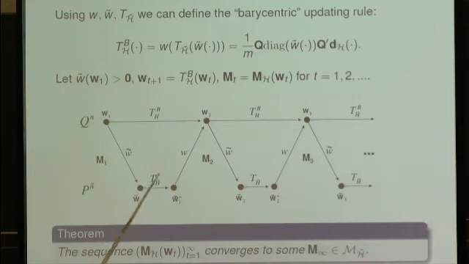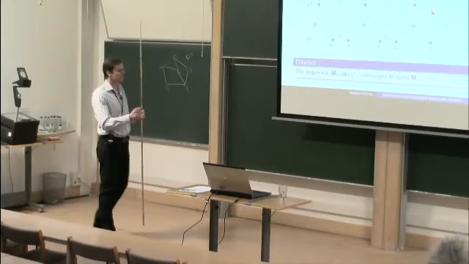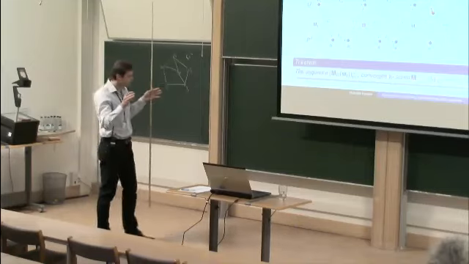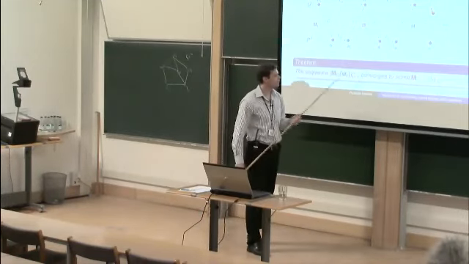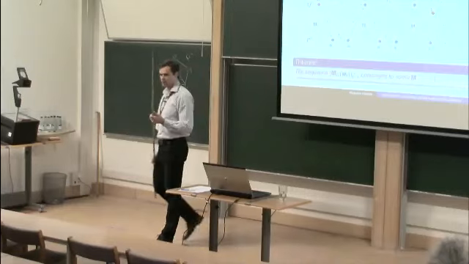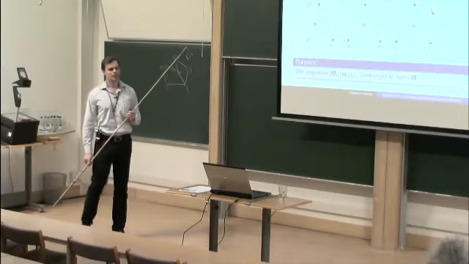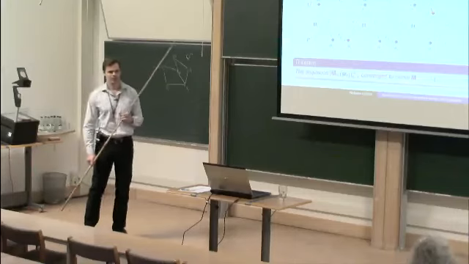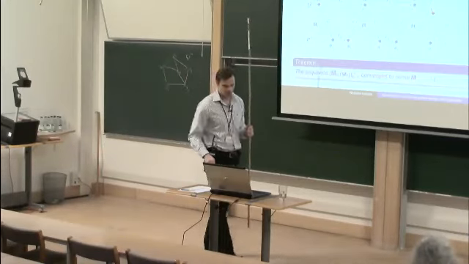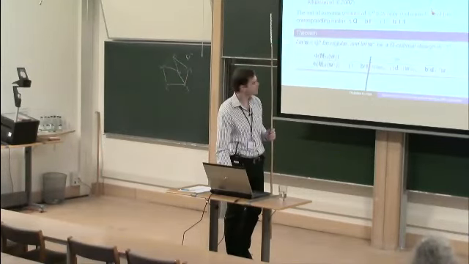And since this transformation increases the determinant, it's clear that this barycentric transformation in the original space also increases the determinant. That is, this is really monotonic. It can be shown that it converges to some M infinity, some information matrix. Unfortunately, it's not clear whether it converges to the D-optimal information matrix. It can be shown, but just for particular cases.